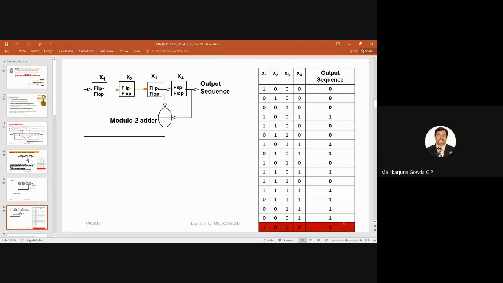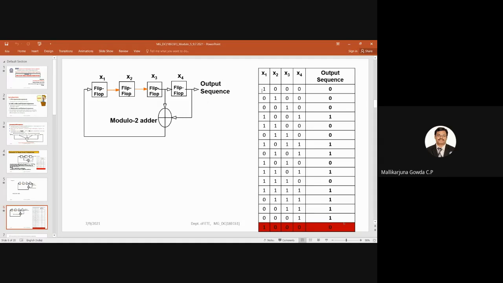So 0 XOR 0 will be fed to flip-flop 1, and it gets shifted. So 0, 0, 1, 0, right? For the next clock pulse, 1 XOR with 0 is 1. So that 1 will come here. Okay, so 1, 0, 0, 1. That will be the state. And whatever the output of flip-flop 4 is, that will be your output sequence. Okay, so like that you can keep explaining for all 16 states.